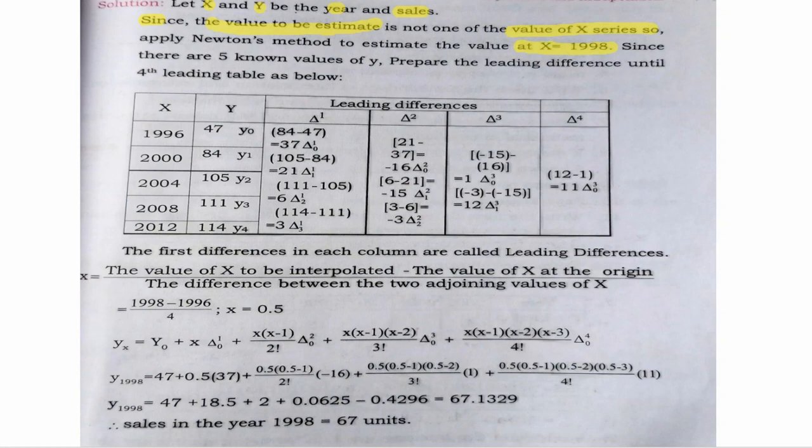Since there are 5 known values of Y, prepare the leading difference table until the fourth leading difference, as shown. In the binomial method, based on the known values, we expand (y minus 1) to the power of n.